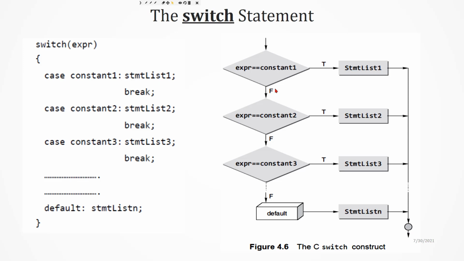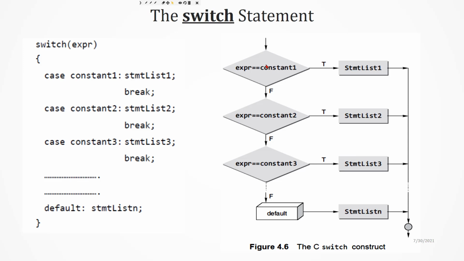If it is false, what happens? The expression will be compared with constant 2. If it is true, statement 2 will be executed, and after that it will execute the next statement outside the switch. Similarly, if constant 2 is false, the expression will be compared with constant 3. If it is true, statement list 3 will be executed.